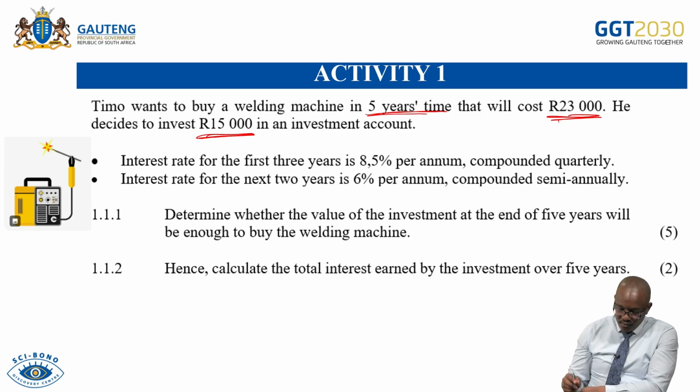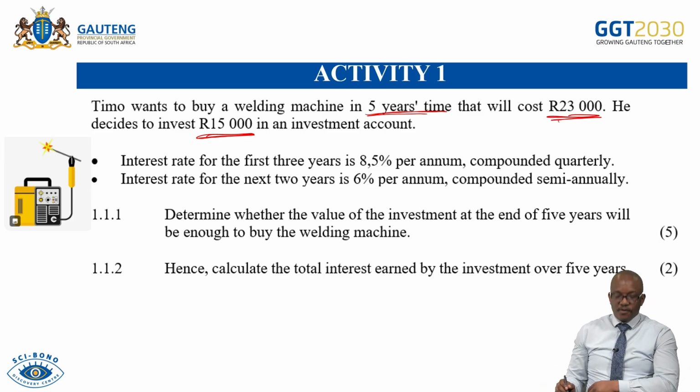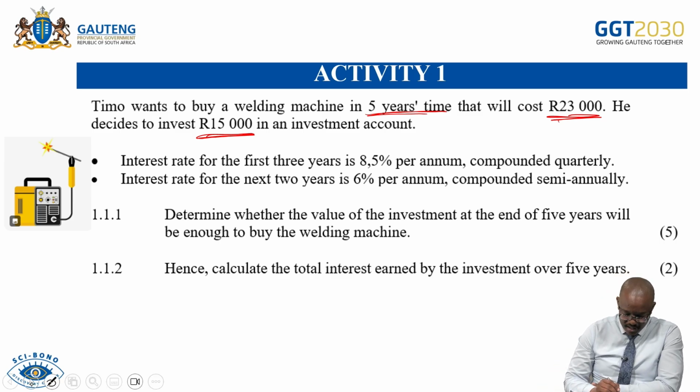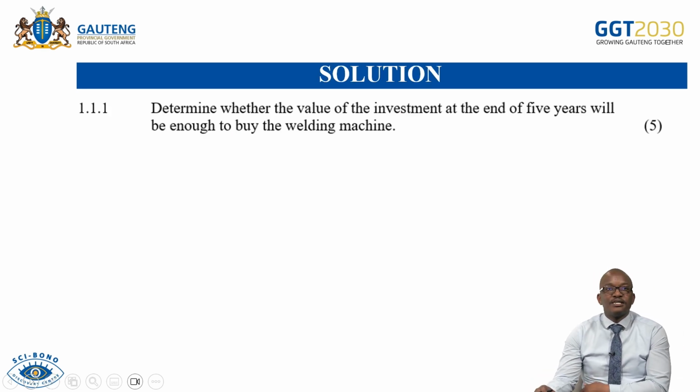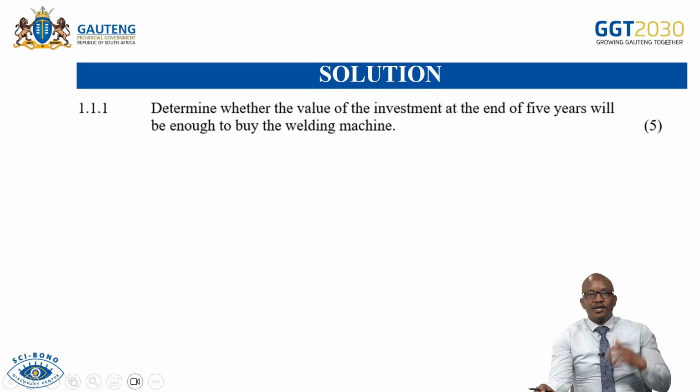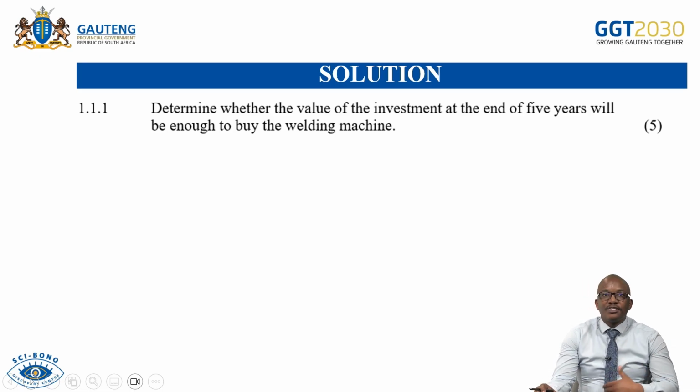So what is it that we do at first? Remember, the first question says we must determine whether the value of the investment at the end of 5 years will be enough to buy the welding machine. This question requires you to answer it and also give a conclusion.